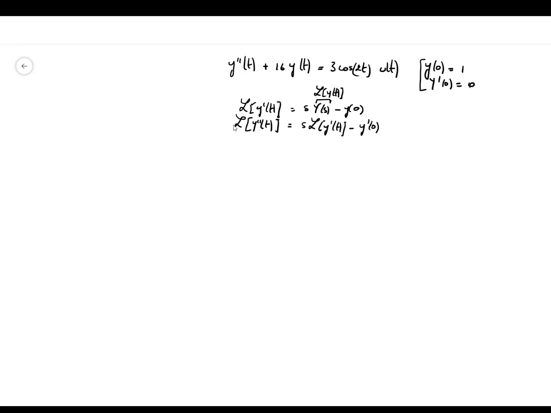So now what we can do is plug this in here, and we have s times sY(s) minus y0 minus y prime 0 is equal to s squared Y(s) minus s y0 minus y prime 0, right?